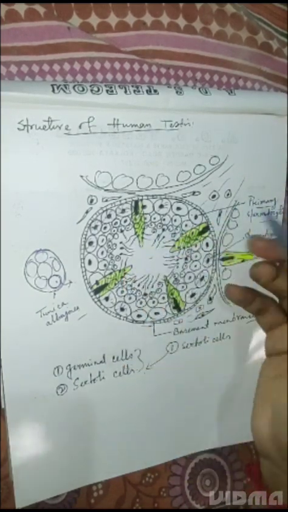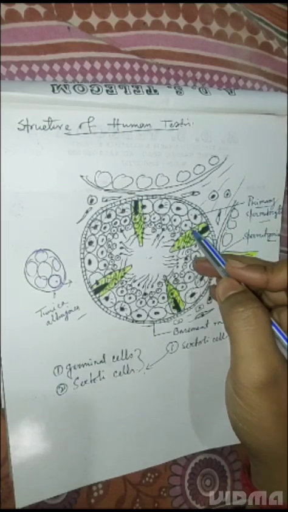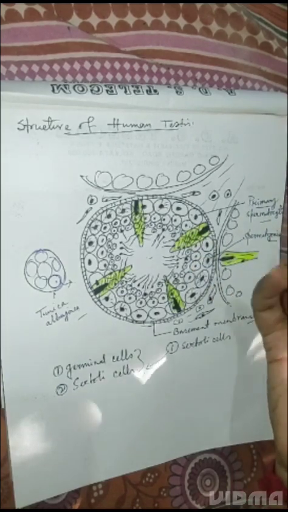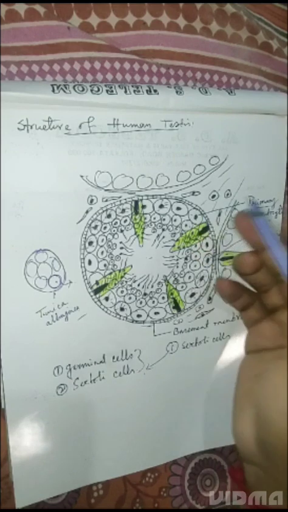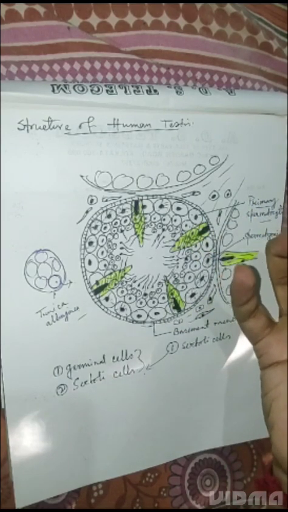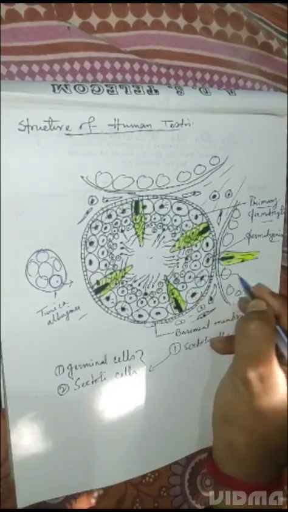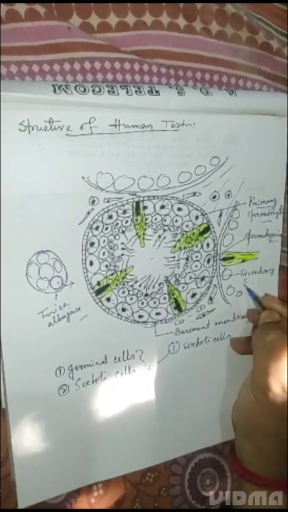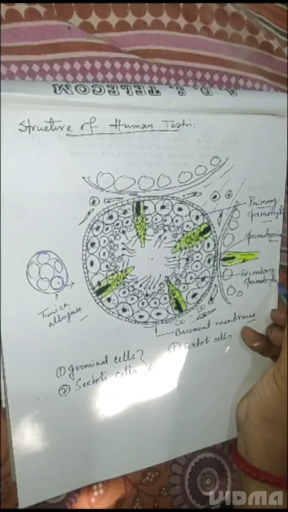Through meiosis, the primary spermatocyte is dividing into secondary spermatocytes. Normally, what happens? The primary spermatocyte divides meiotically and forms secondary spermatocytes. So these are secondary spermatocytes.